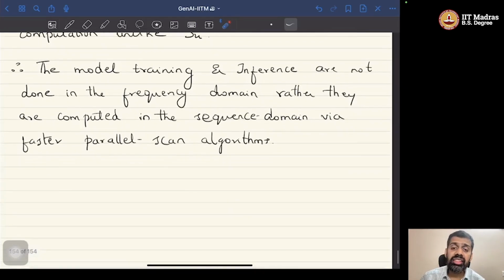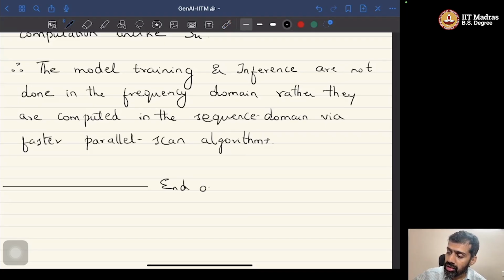And just like the conventional state space model, Mamba is also applied independently across each dimension of the data. So there will be as many Mamba blocks as there are model dimensions. Okay, so that takes us to the end of what I wanted to discuss with respect to state space models.